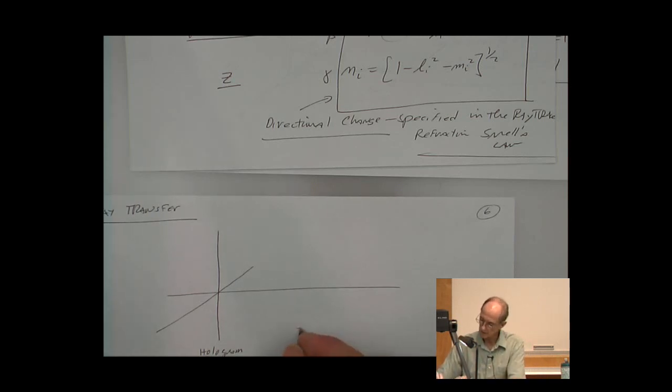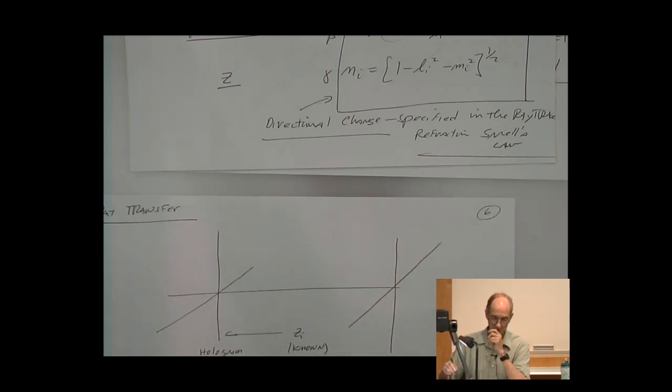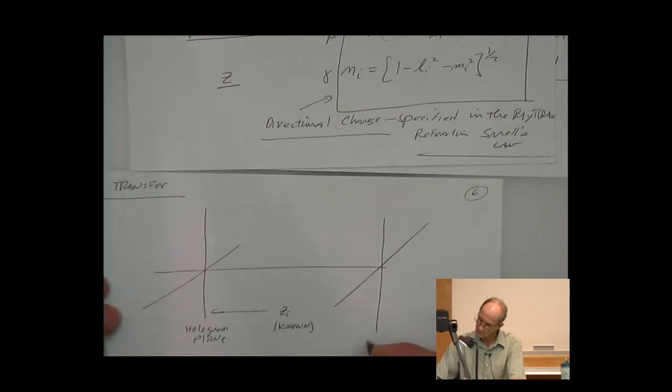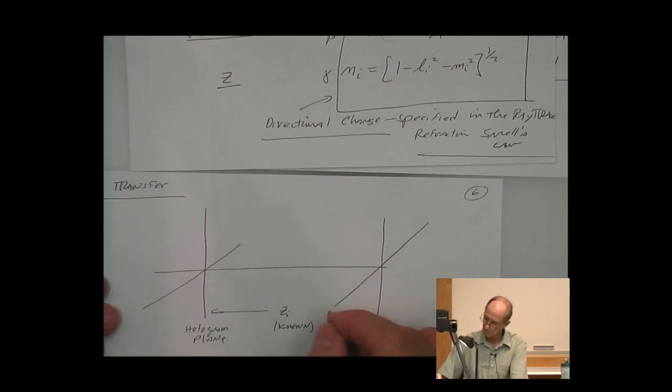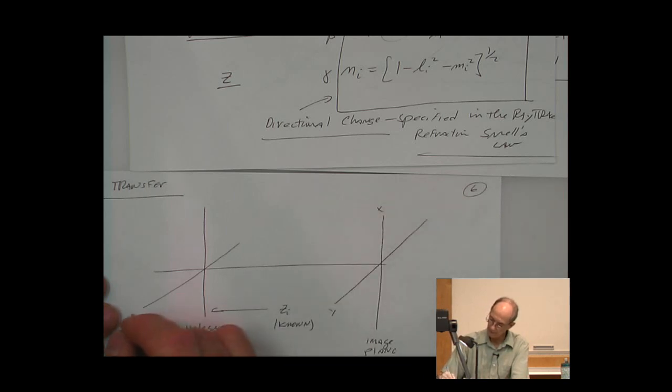So that's z sub i, and this is going to be known in some way. So we put another plane out here, and this is where we're going to look at the spot diagram or the image that we're going to form. So again, here's the image plane, and we have a y and an x, and a y and an x.